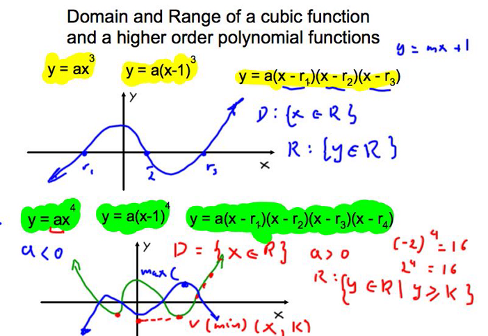So this is a maximum for that value of x, and the value of the maximum is represented by the letter k. So the domain would be exactly the same. However, the range will be opposite to the one above. So the set of real numbers y, where y is an element of R such that now y is less than or equal to the value of k.